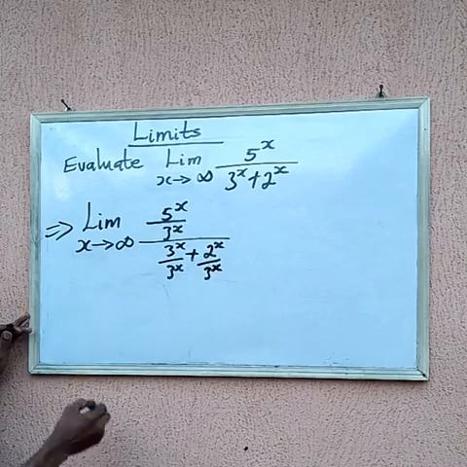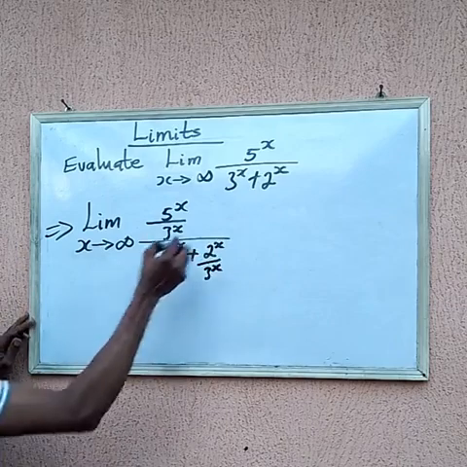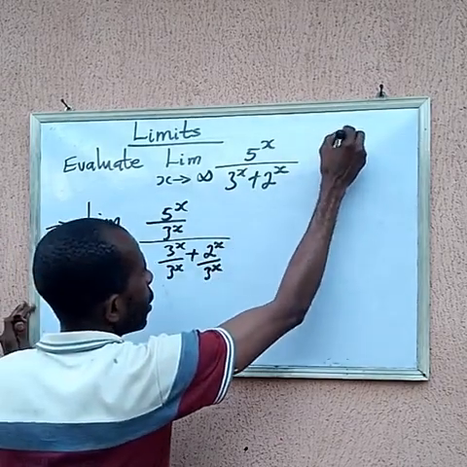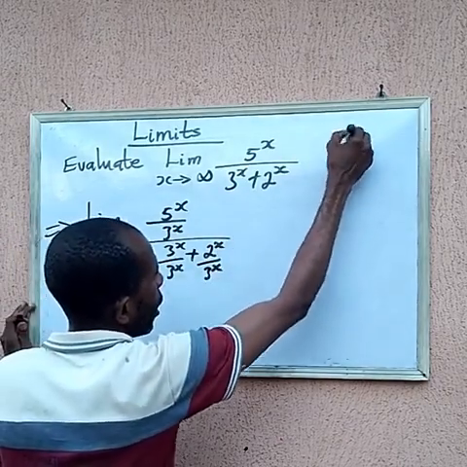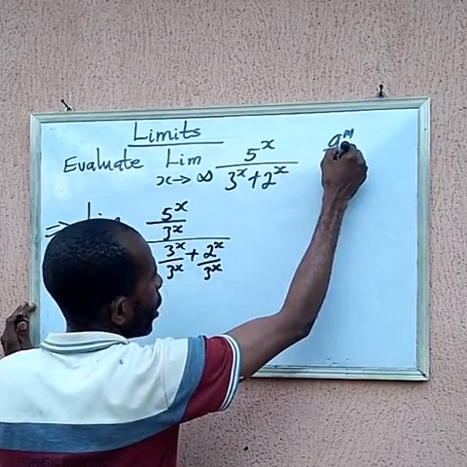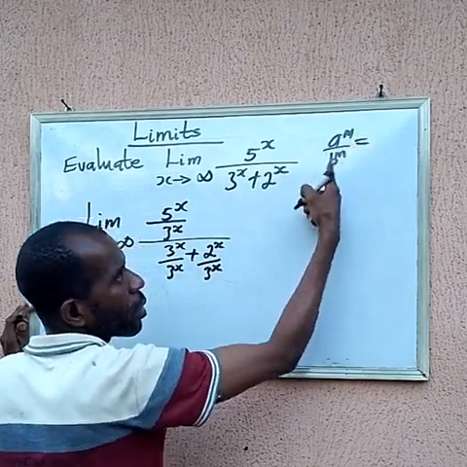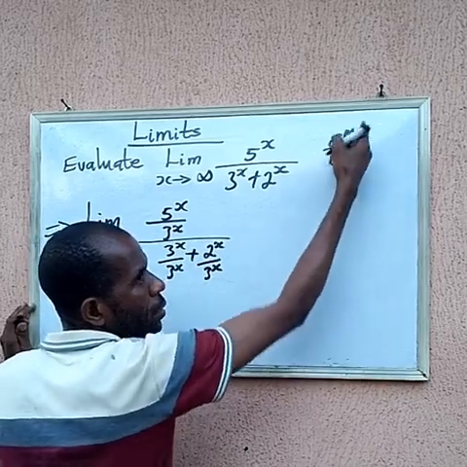So we are going to carry out this. Remember, in indices, I have a raised to the power m all over b raised to the power m. I am going to take the common exponent, so it becomes a over b, with m as the common exponent.